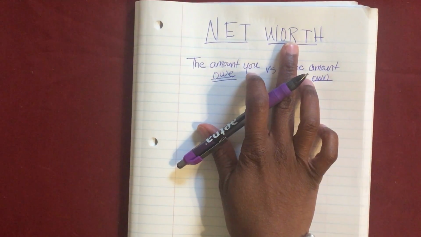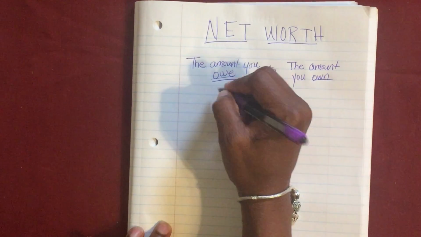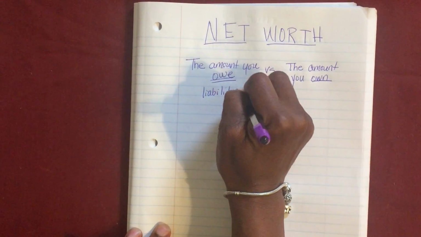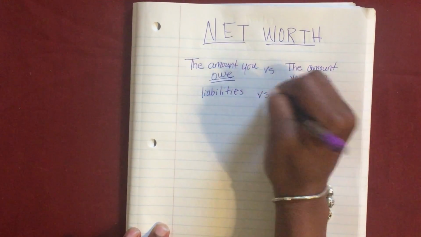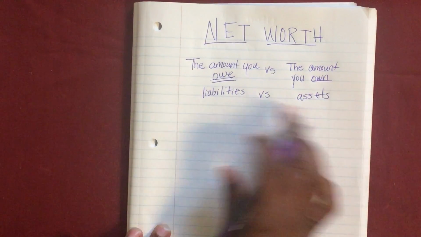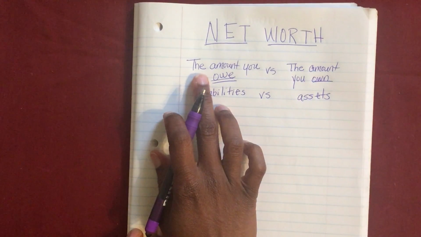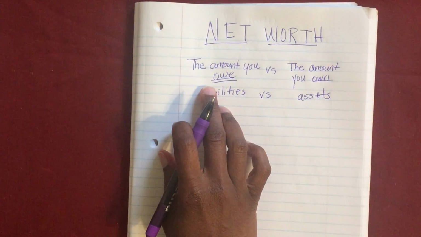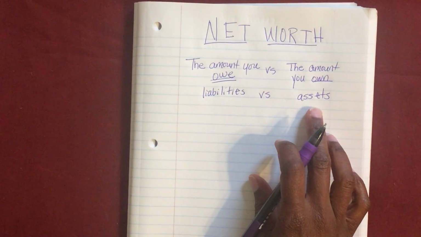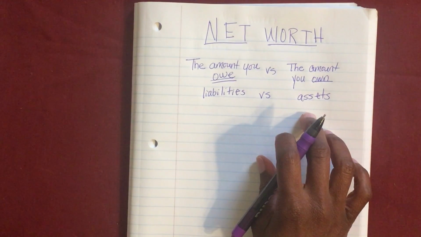Now, you may have heard some other people say your liabilities versus your assets. Same concept. Liabilities are the things that you owe money on, and assets are those things that you do not owe money on, those items that you own.